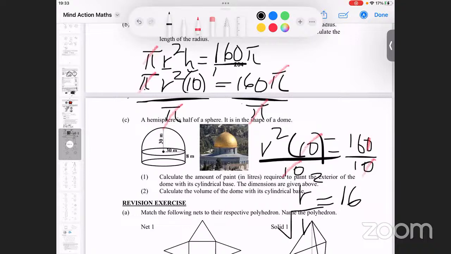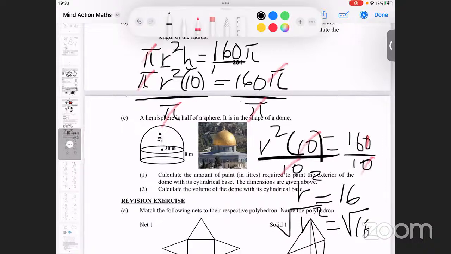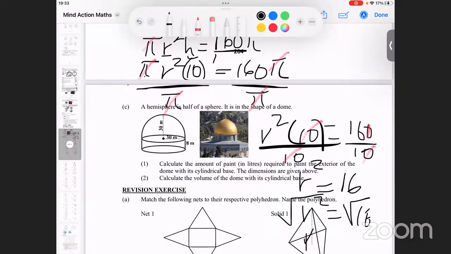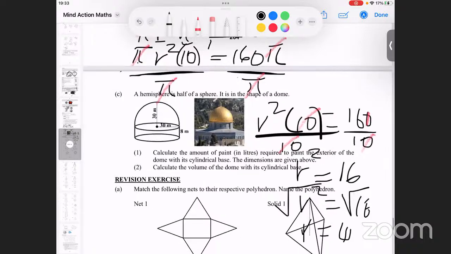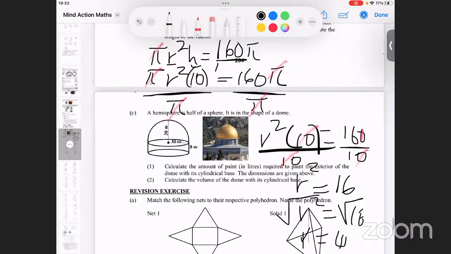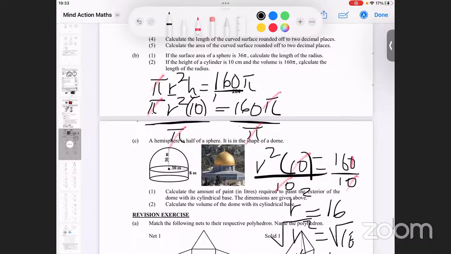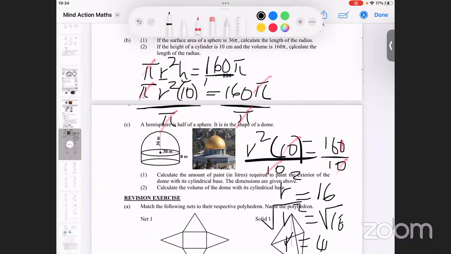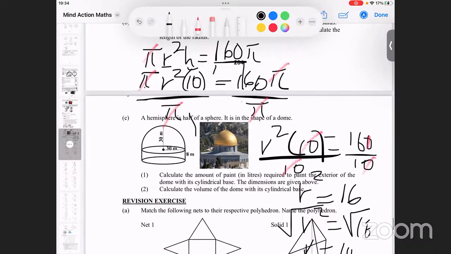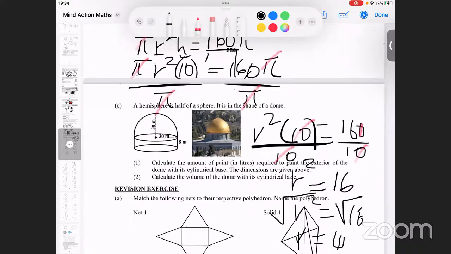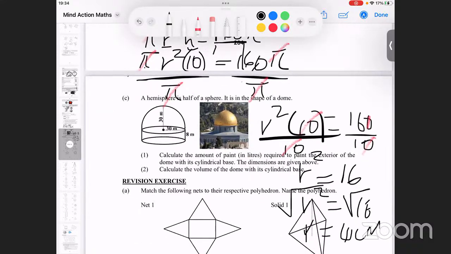So it's going to be square root of r squared equals square root of 16. And what is the square root of 16? That is going to be the value of the radius. You said 4, ma'am. 4. Yeah. That means the length of the radius is going to be 4 centimeters, because we have centimeter there.